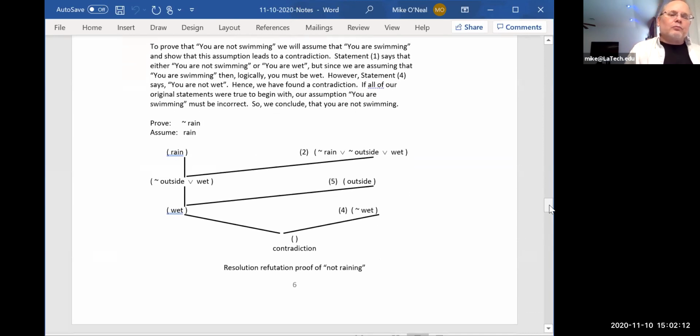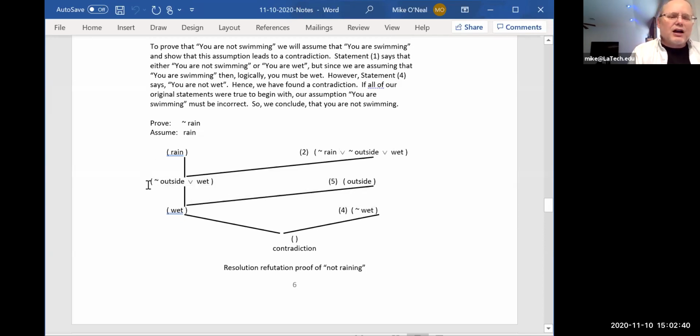We can use another one. We can prove that it's not raining. How can we prove that it's not raining? Well, assume that it is raining. Assume rain. And if you look around, you can find that clause 2 says not rain or not outside or wet. You can combine those together. The rain and the not rain cancel, leaving you with not outside or wet, right here.